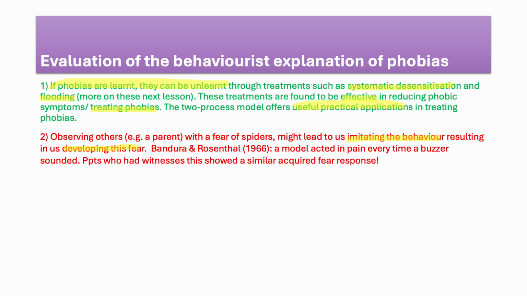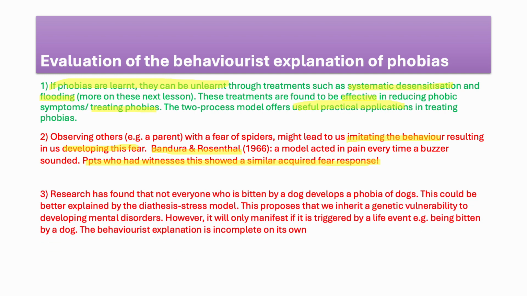And there is evidence to support this argument by Bandura and Rosenthal, who used a model to act in pain every time a buzzer sounded. And participants who witnessed and observed this then developed a similar fear response. So this is evidence to show not only that we learn phobias or fears through the observation of others, but also that there are alternative explanations for phobias.